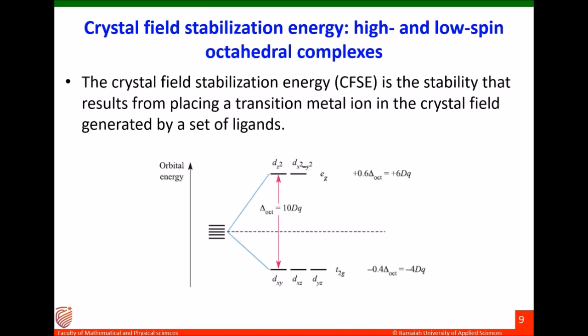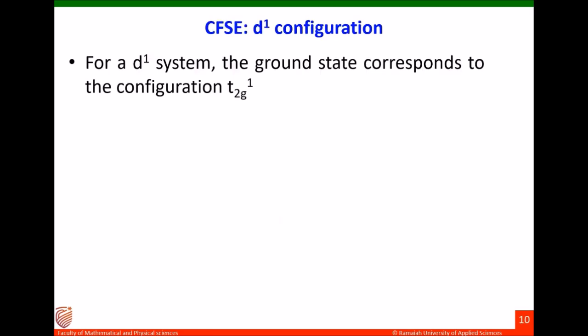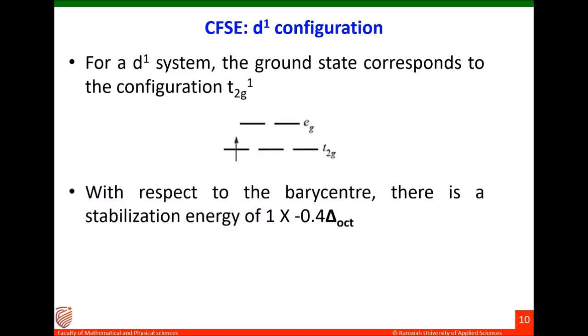Now consider a D1 configuration. D1 configuration means only one electron is present in the d orbital. Then, as per the system, that electron in the ground state should occupy the T2g orbital. So, with respect to the barycenter, there is now a stabilization energy. We can calculate the crystal field stabilization energy as the number of electrons, that is 1, into the T2g energy value, which is minus 0.4 delta octahedral.